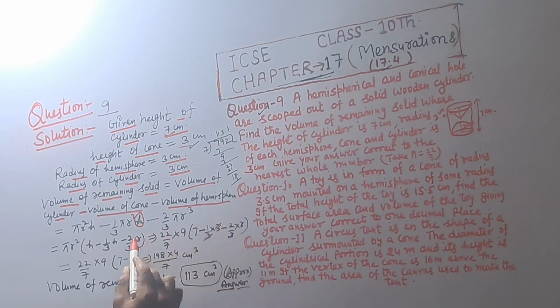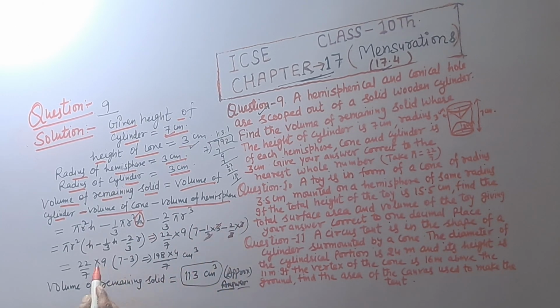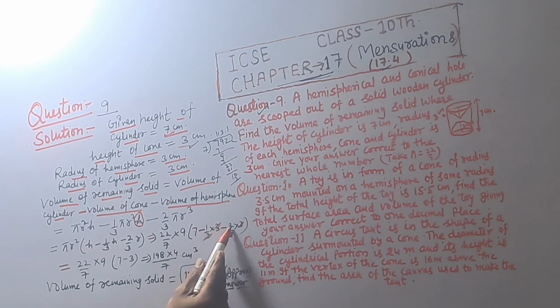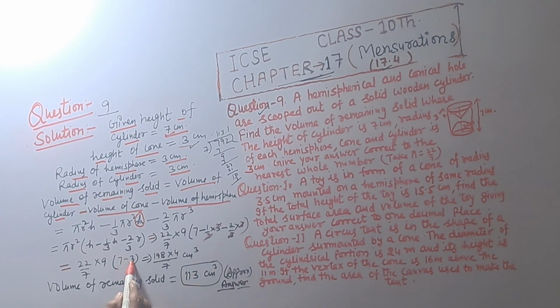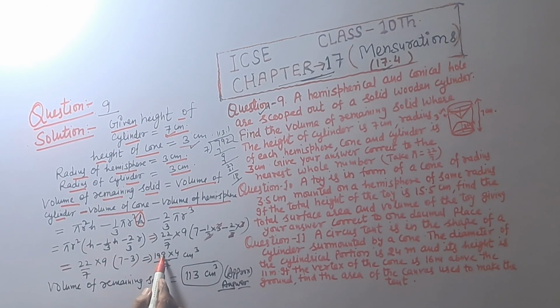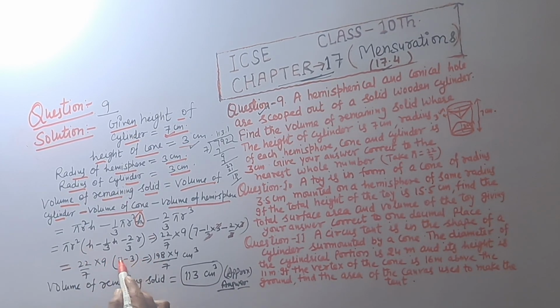Minus 2 upon 3, radius is 3. 3 3s cancel. And we get 22 upon 7 into 9, bracket 7 minus 1 minus 2, that is minus 3. 7 minus 3 equal to 4. And 22 multiplied by 9 is equal to 198.